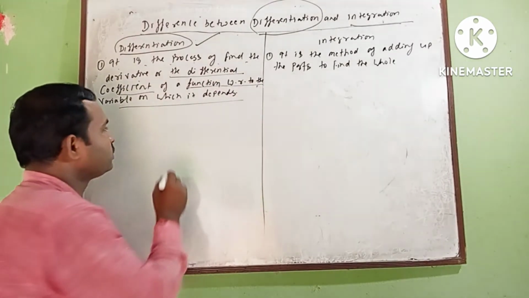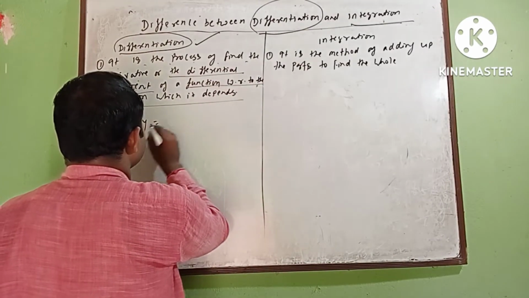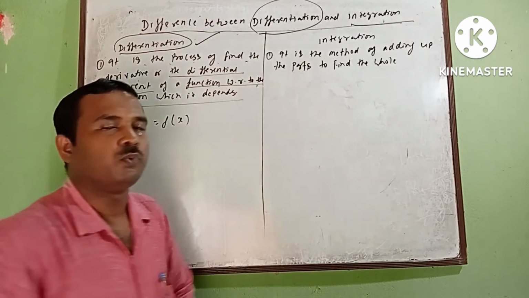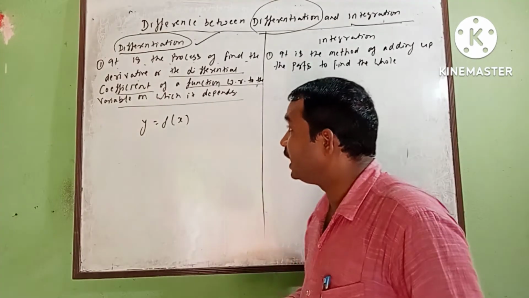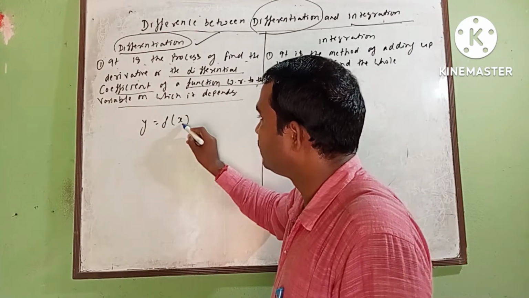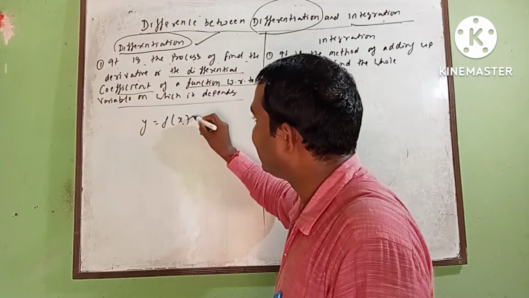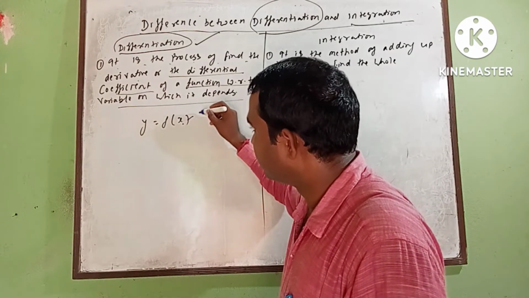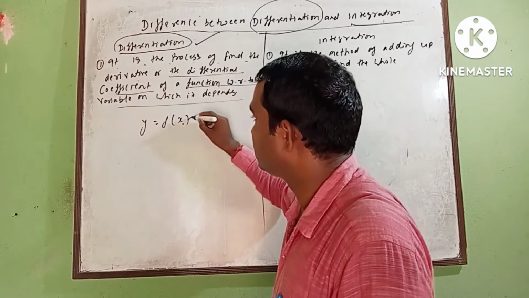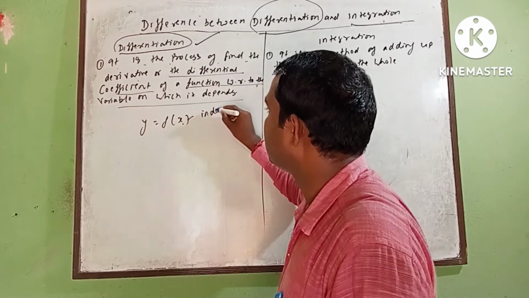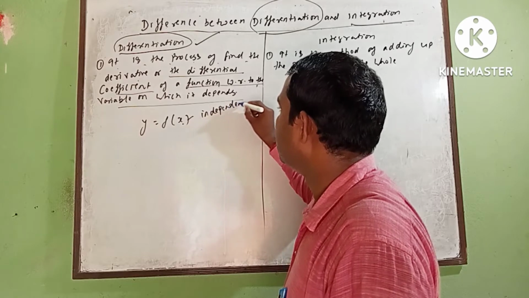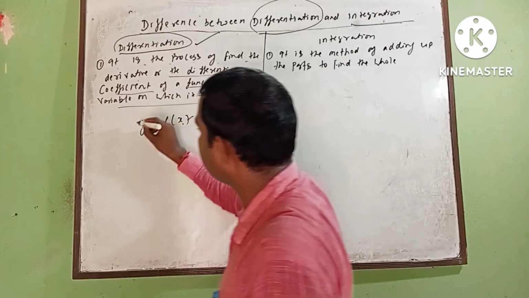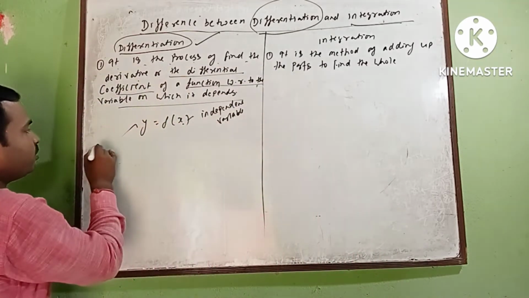It means suppose we have a function y equal to f(x). It means y depends on x. x is the independent variable, and y is the dependent variable.